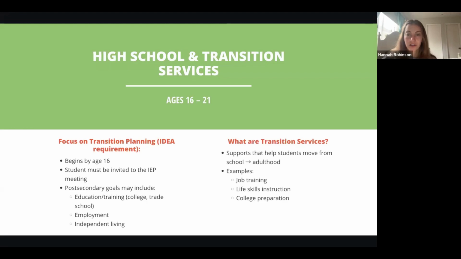Transition services are supports that help students move from school to adulthood. And so similarly to the goals that I just mentioned, some examples of transition services include job training, life skills instruction, and college preparation.